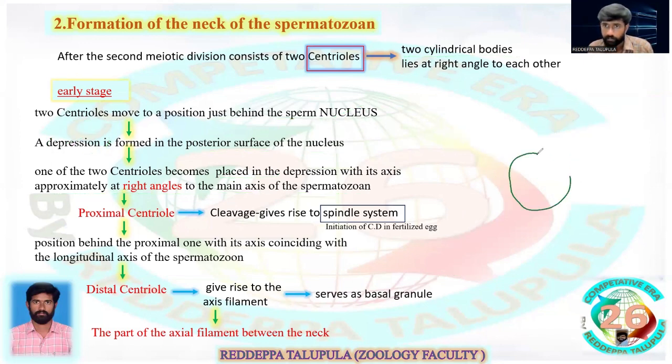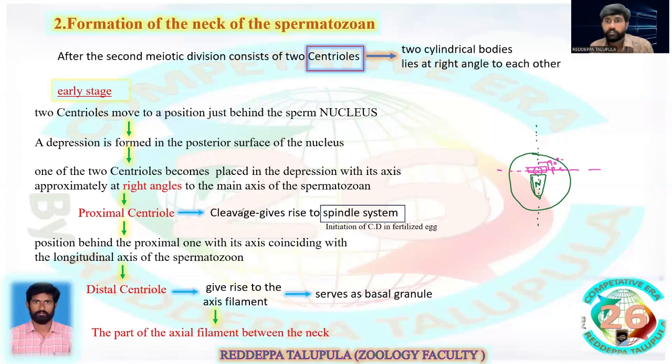See, it is the spermatid. Here will be the nucleus. This is the axis of the spermatid. Now here a small depression will be seen. In that depression, the proximal centriole will be placed. This is the axis of the proximal centriole. That means the angle between these two will be 90 degrees.